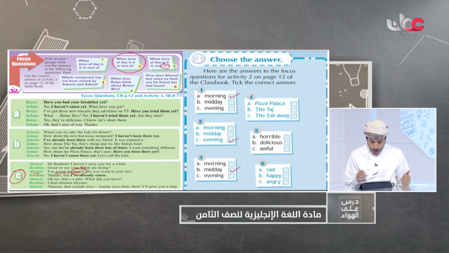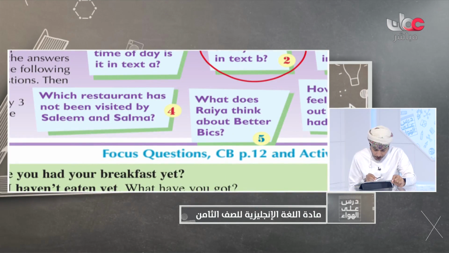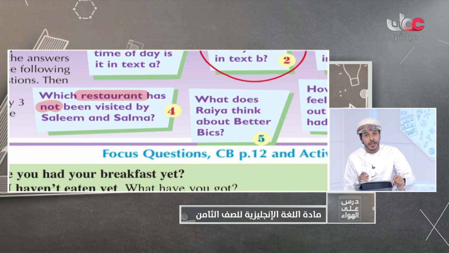Now, let's look at question number 4. What does it say? Which restaurant has not been visited? We have restaurant as a keyword, and also we have not been visited, لم يزار, by Salim and Salma.